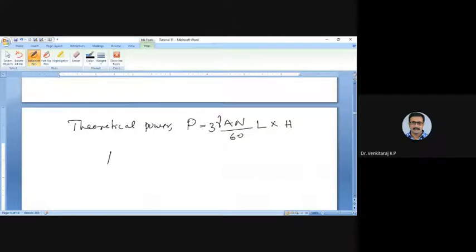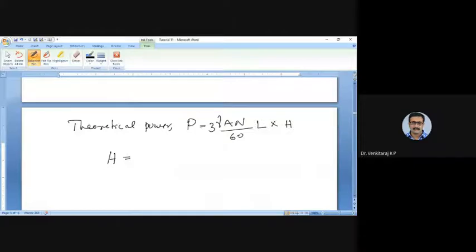So here the head of the pump can be calculated from the given data. Given that the pump has to work against 100 meter. Also, there are frictional losses in the suction and delivery pipe, so you have to add that.